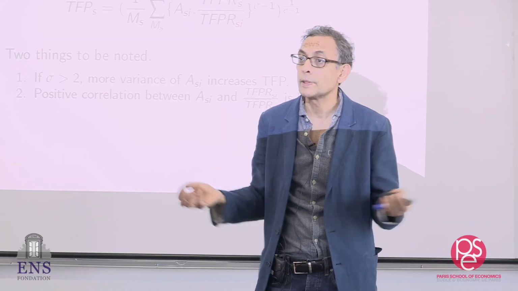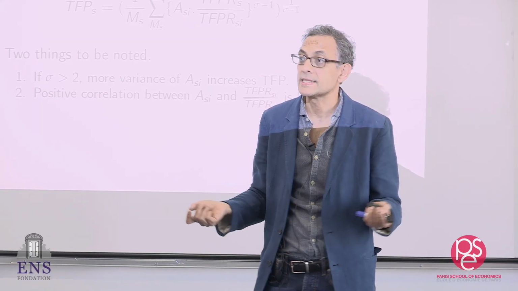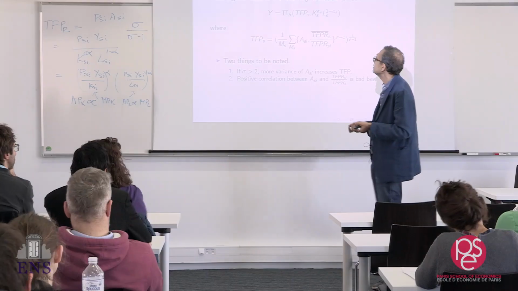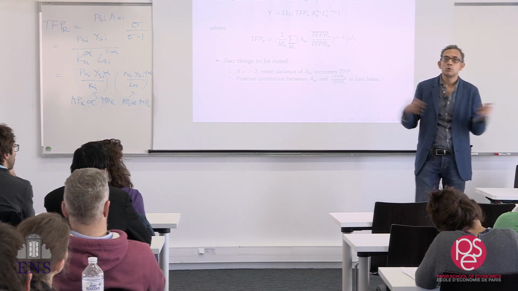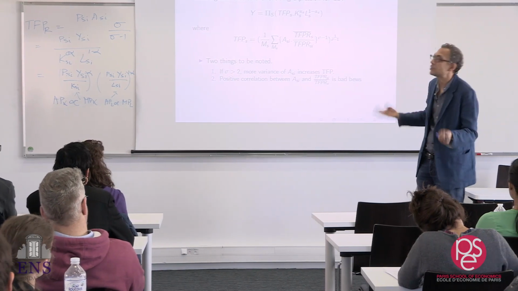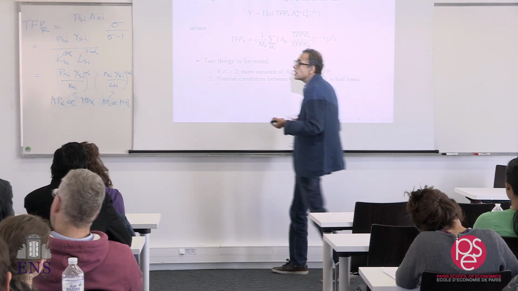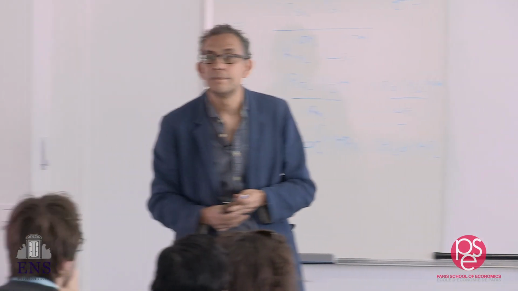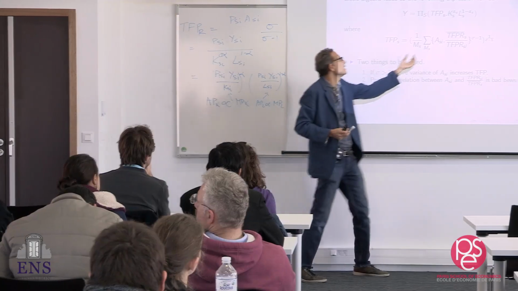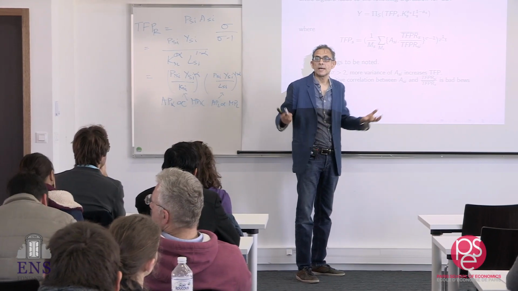If they were all optimizing, facing the same prices, then it would of course not be an interesting exercise to do. So in a world where markets are not doing a great job of allocating resources, what should we want to do? Well, variation in A is going to typically be an advantage.